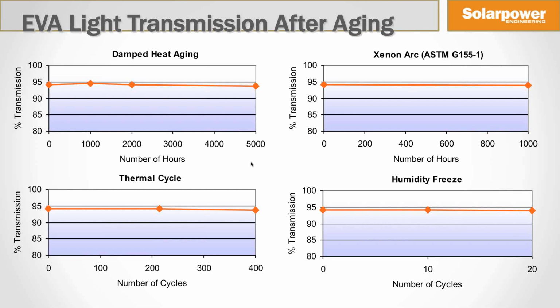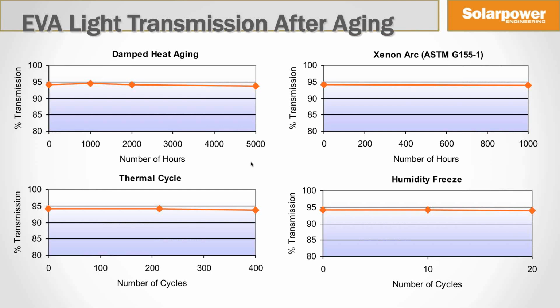The slide over here shows the outstanding weathering properties that the EVA encapsulant has. It protects the solar module throughout its life cycle and is suitable for both flexible and rigid modules, because the Lightswitch EVA has excellent adhesion to other PV module components.